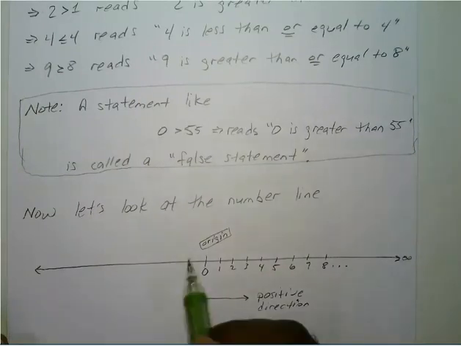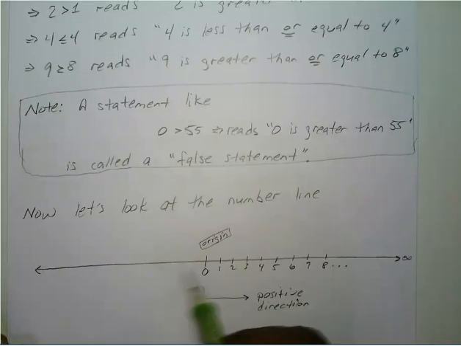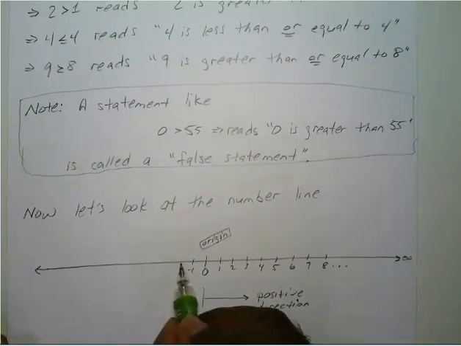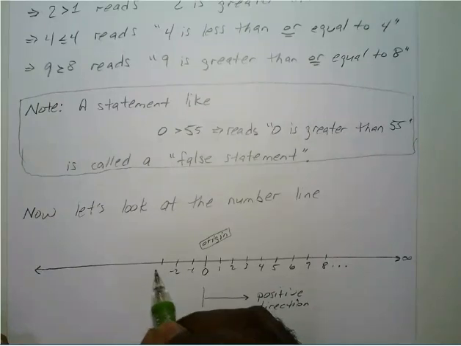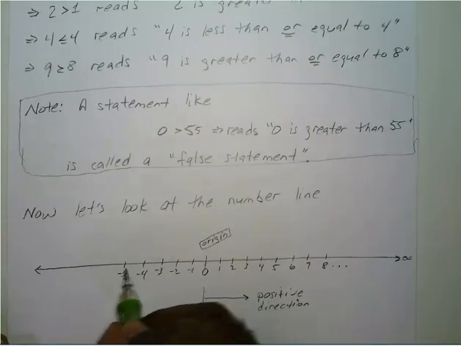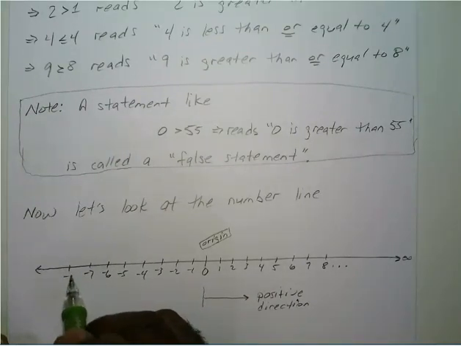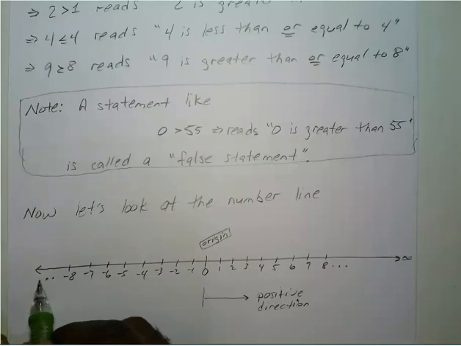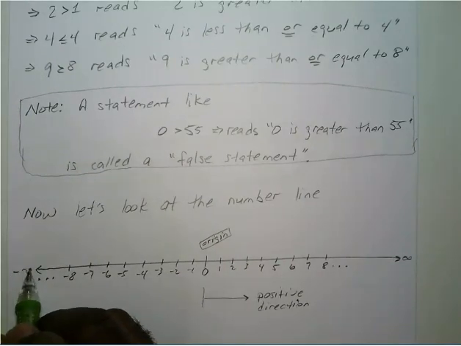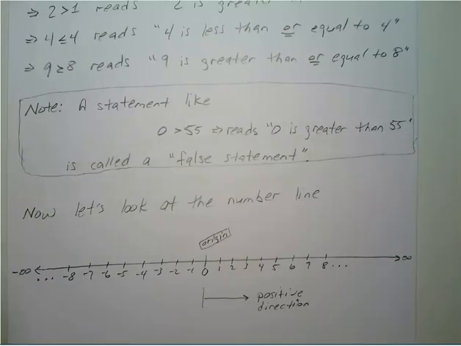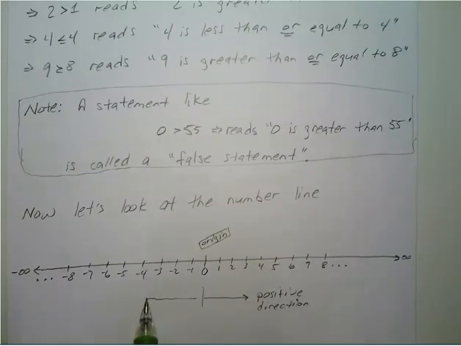Now if you look at the other direction, again we're going from 0, we go -1, -2, -3, -4, -5, -6, -7, -8, and it keeps on going all the way to negative infinity. Starting at the origin and going to the left, that's your negative direction.